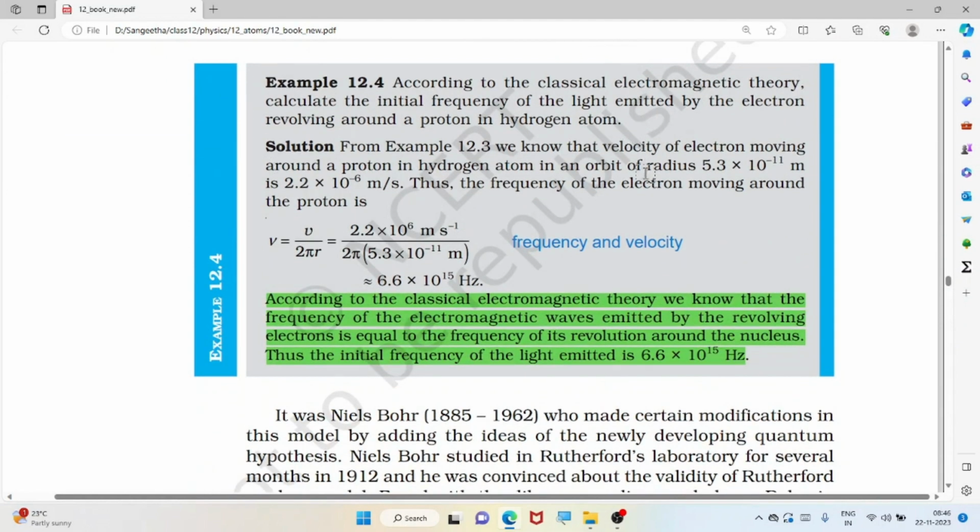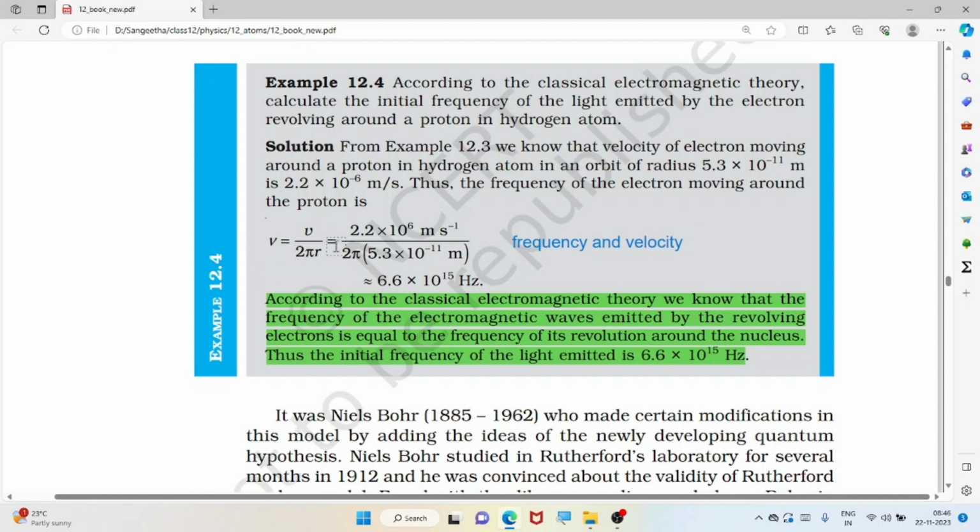According to the classical electromagnetic theory, calculate the initial frequency of the light emitted by the electron revolving around a proton in the hydrogen atom. Okay, this is how the frequency and the velocity are related. Frequency of the electron moving around the proton.